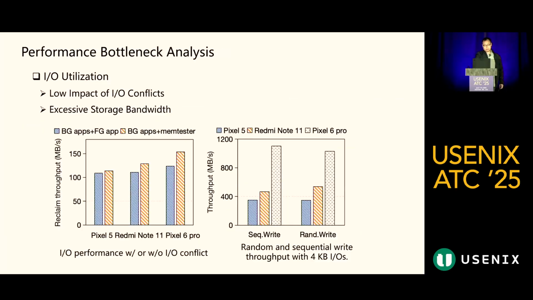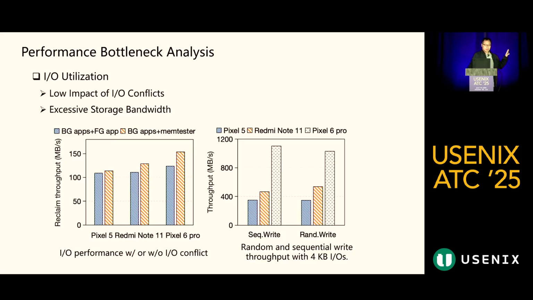So we first check what the bottleneck is. Is the I/O path a bottleneck, or is the I/O device the bottleneck? Okay, so we first check the storage device to see whether it is the bottleneck. We have done I/O evaluation on these 3 mobile devices.